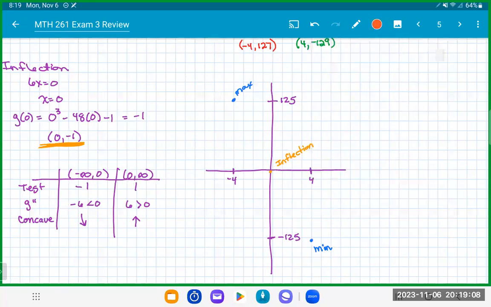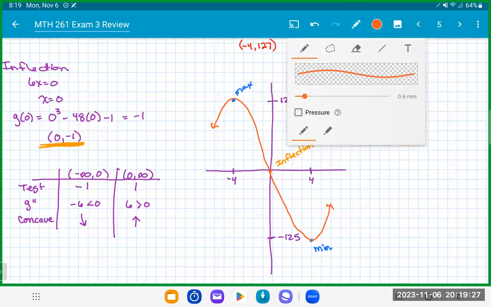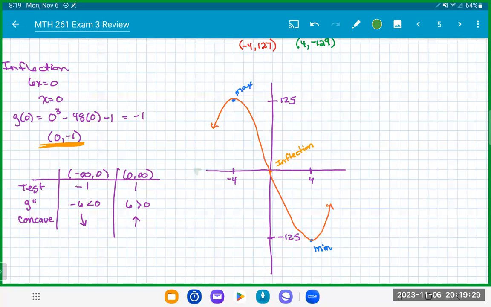Okay. And so then the graph would look like this: we're concave down right here, and now we're going to transition and be concave up after that inflection. To reiterate, you can see this piece is concave down and this piece is concave up.